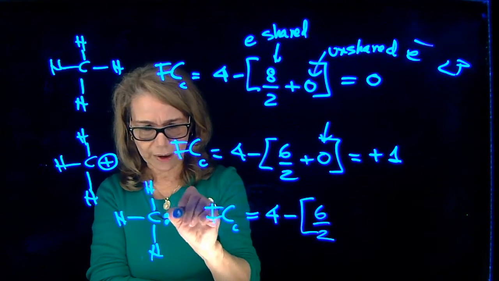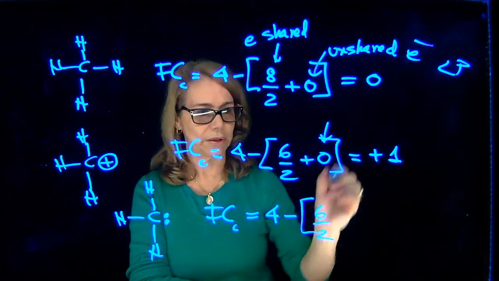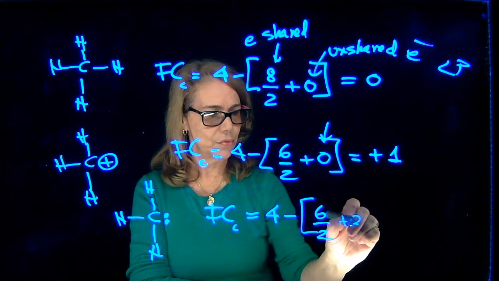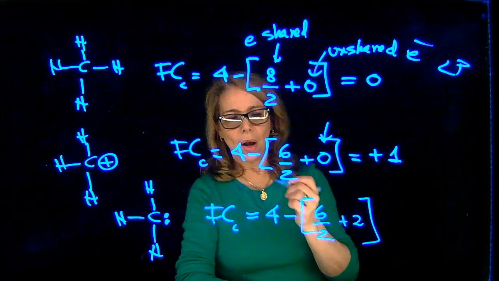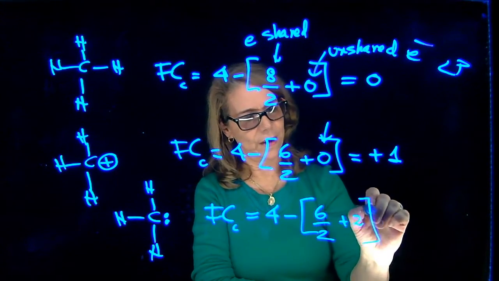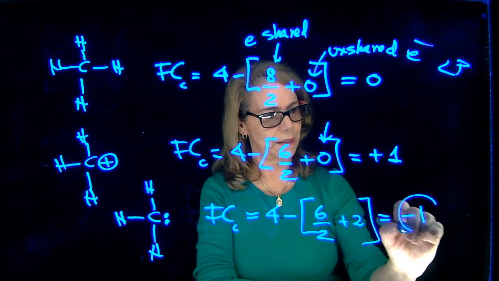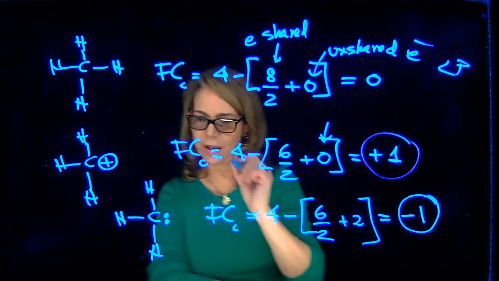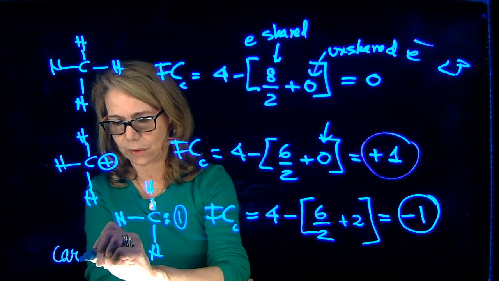And now I have these 2 electrons that are unshared, part of the lone pair, so I have 2 here. So this is 3, and 2, that's 5, so 4 minus 5 is a negative 1 formal charge. This is what we call a carbanion.